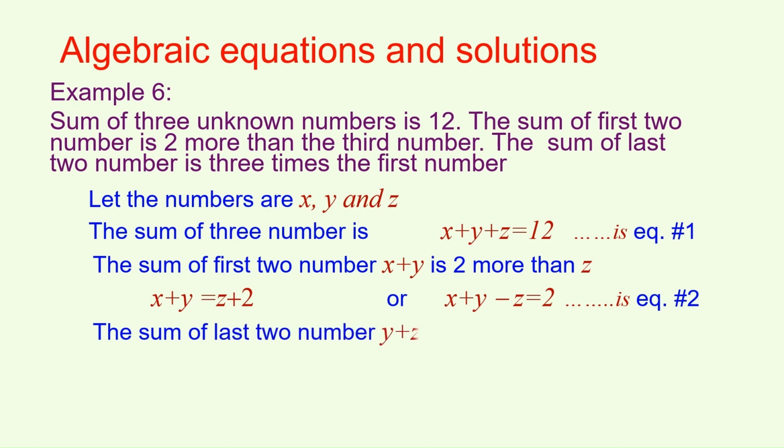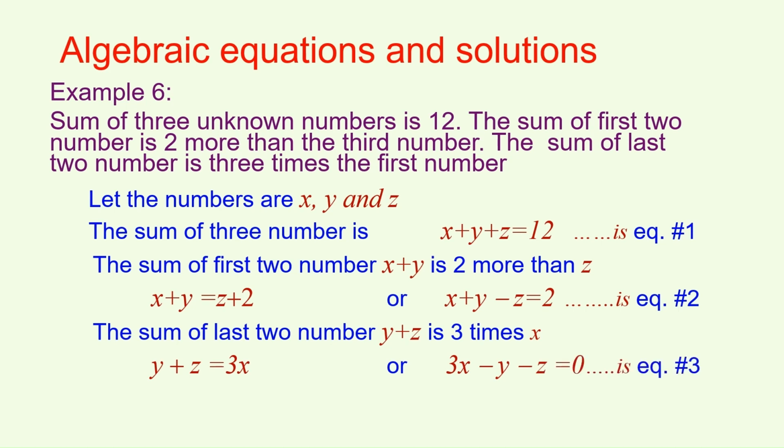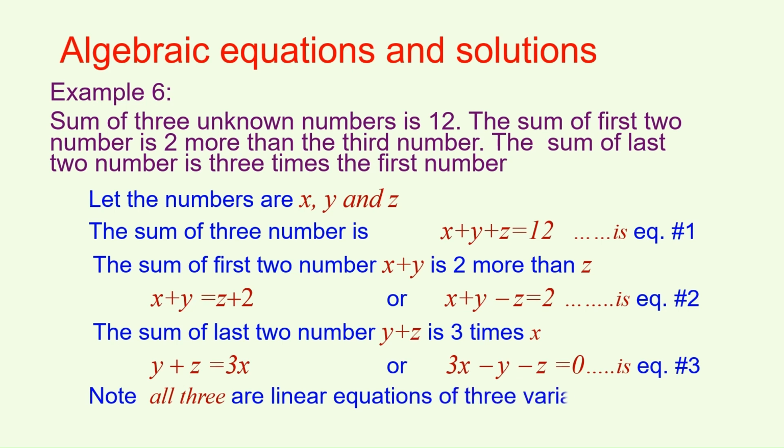The sum of the last two numbers, y plus z, is 3 times x. So y plus z equals 3x, or 3x minus y minus z equals 0, is equation number 3. Note, all three are linear equations with 3 variables.